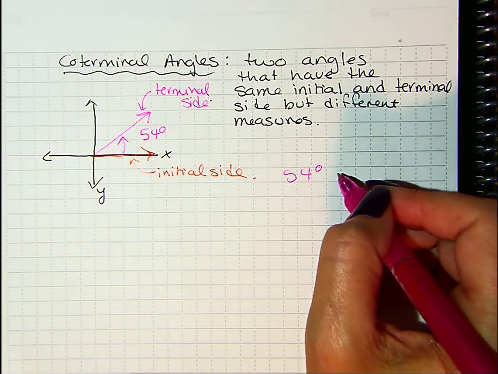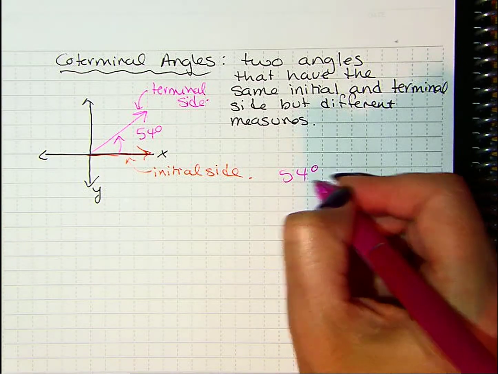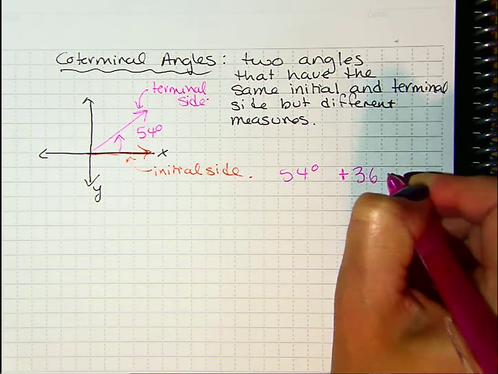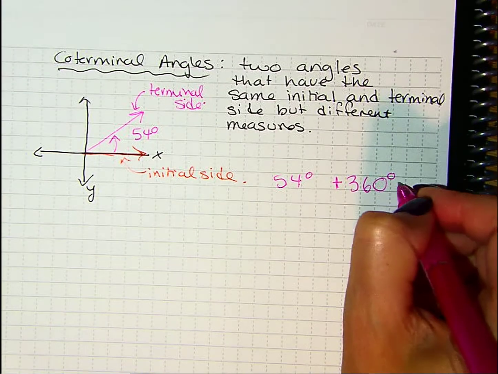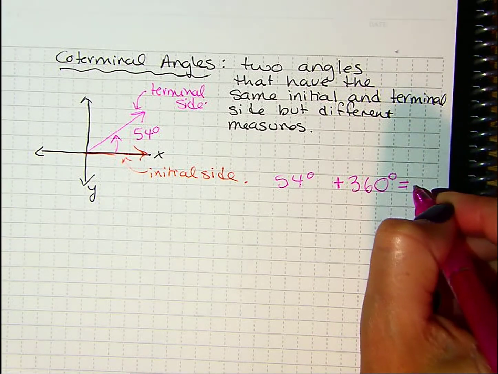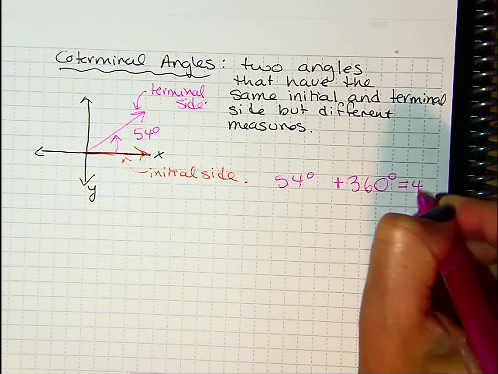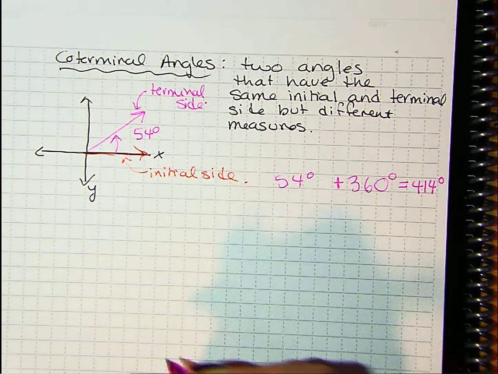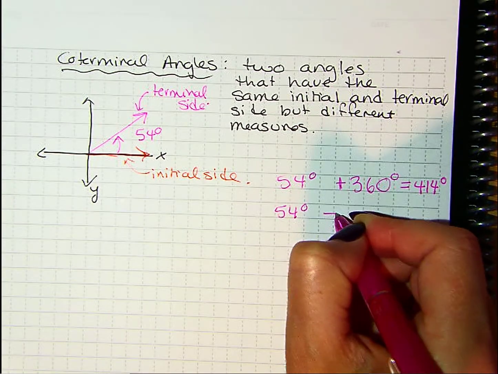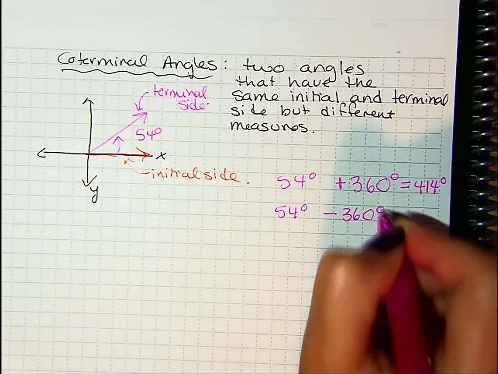So to come up with a coterminal angle, I'm going to take 54 degrees, which is the initial, and I'm going to add a full rotation. When I add 360 degrees, I end up getting 414. Now imagine I took that original and I subtracted 360.